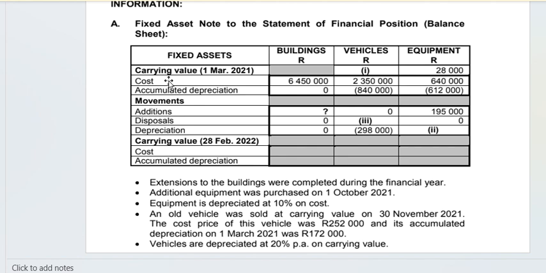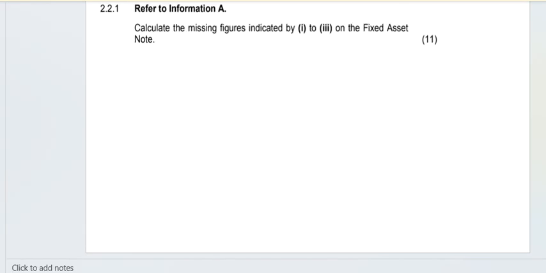So now let us look at how to solve this problem, without the waste of time, of course. So now, what do you need? Firstly, we need the accounting period. Unfortunately, this is just an extract taken from a past paper.